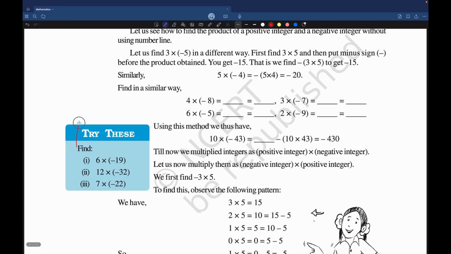Let's solve. Try this. Question number 1. 6 into minus 19.